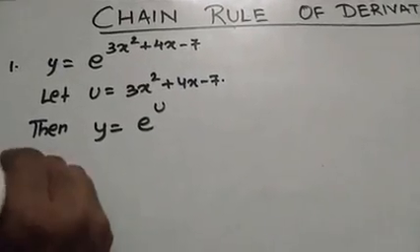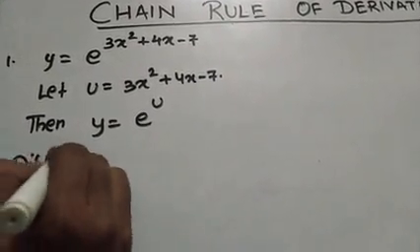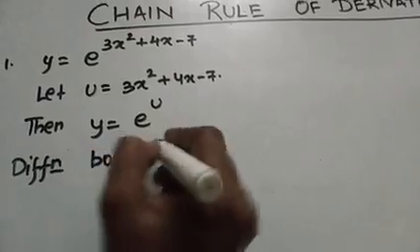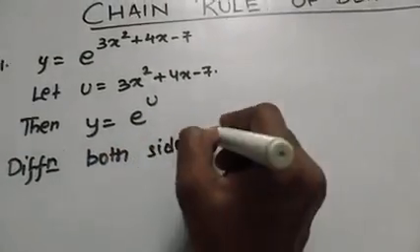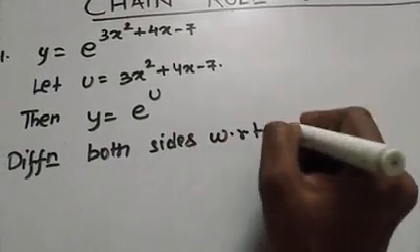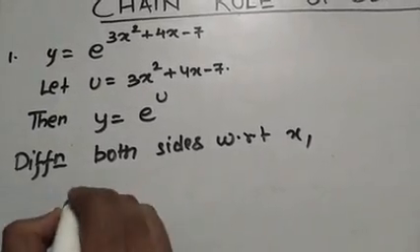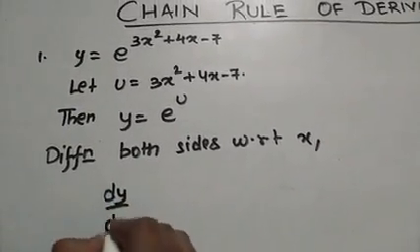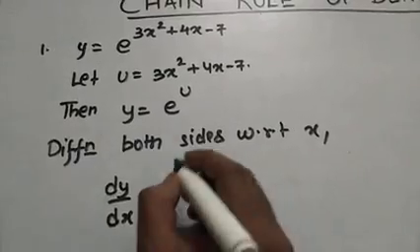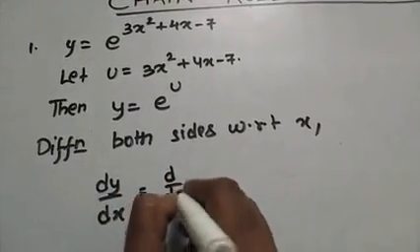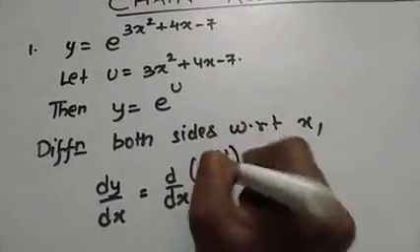Now we'll differentiate both sides with respect to x. So dy by dx is equal to d dx of e to the power u.